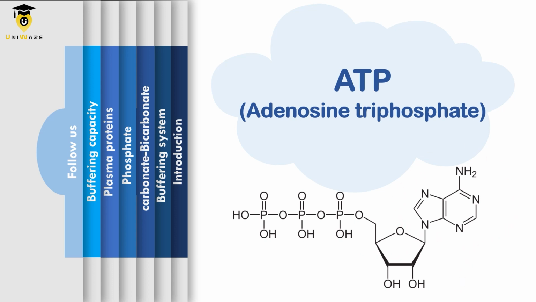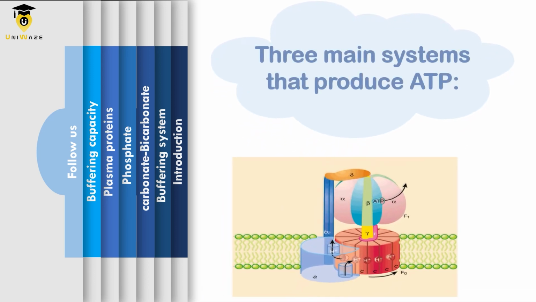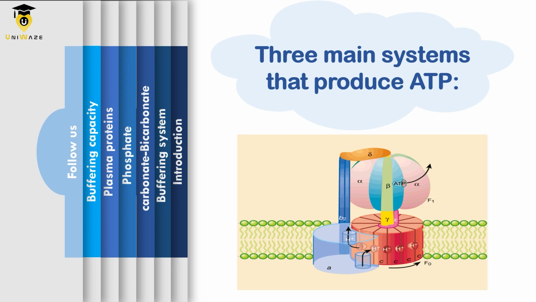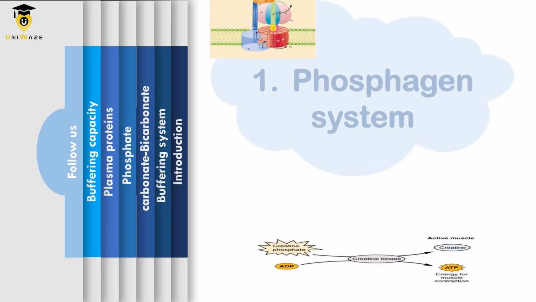which is adenine. There are 3 main systems that produce cellular ATP, which is involved in generating energy for cellular processes. Number 1, phosphagen system.